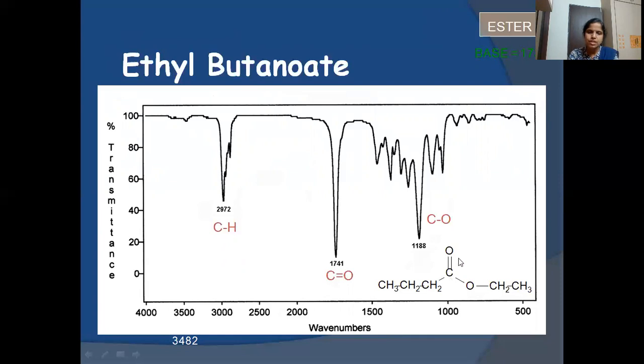So these two bands we have to look for in esters. The C=O is very strong, again 1741, as well as the C-O, which is at 1100 to 1200. If this band is not appearing, then we cannot say that it is an ester function. Even though it has a carbonyl group, we have to observe the C-O group also. Then only we can say that it might be an ester.